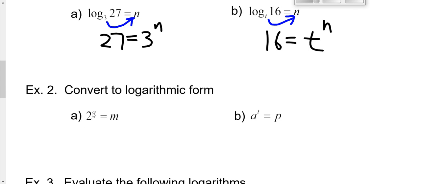So let's do this. 2 raised to the power of y equals m. So we're going to do the shortcut method first. So this is the base for the exponent.